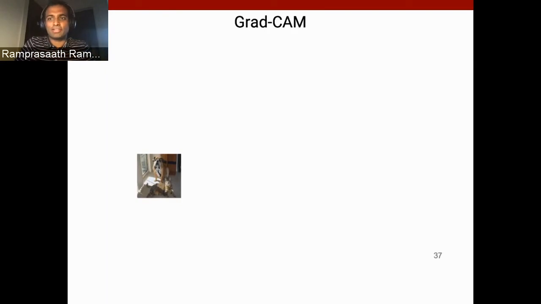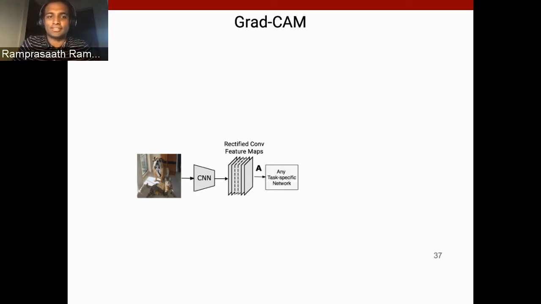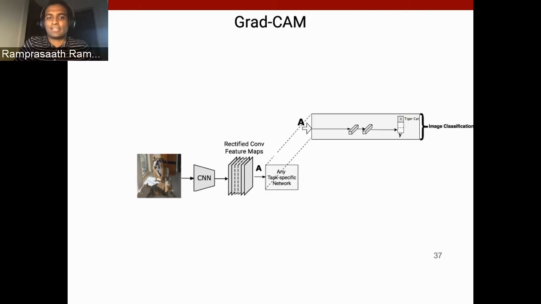So given an image like this, we feed it through the convolutional layers of a CNN, the outputs of which can be used for any particular task. Let's take the case of image classification, where you have a couple of fully connected layers followed by a final softmax that predicts, let's say, a tiger cat in this image.